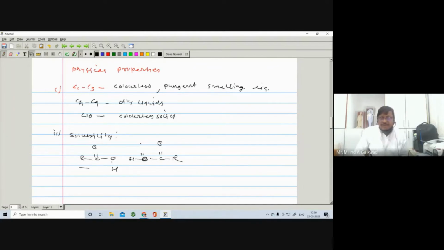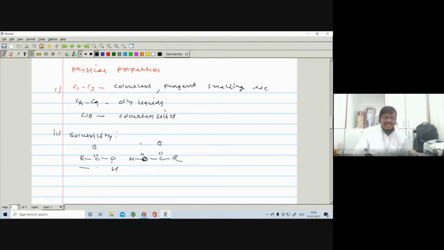So the solubility depends upon the number of carbon atoms also. The lower members are soluble in the polar solvent, and the higher members are insoluble in the polar solvent. They are soluble in solvents like ether, alcohol and benzene.